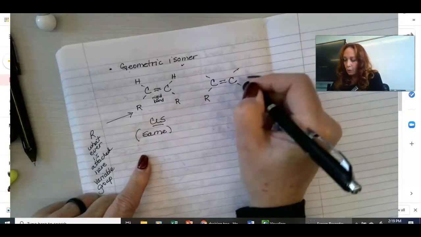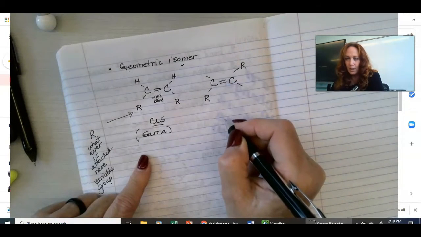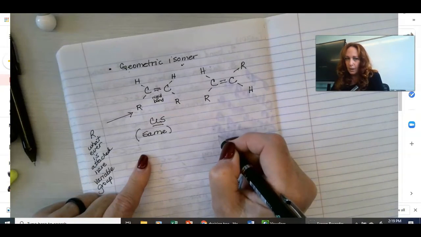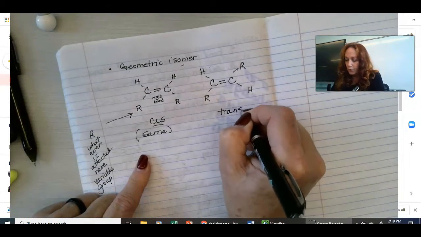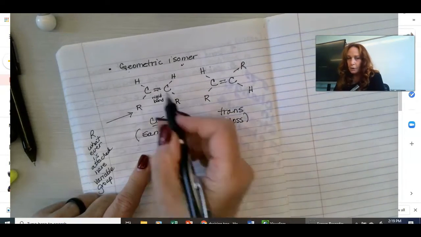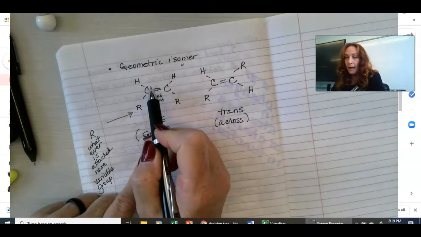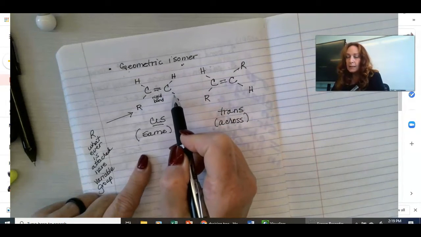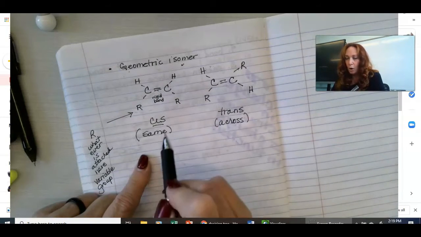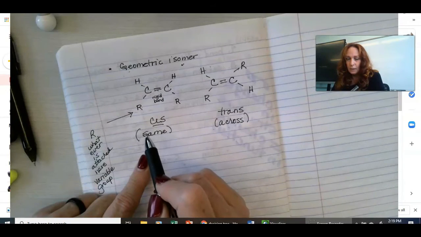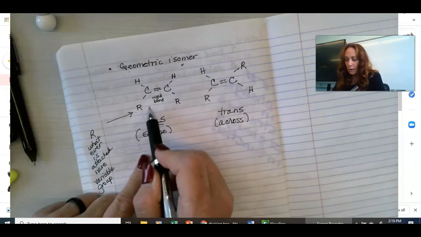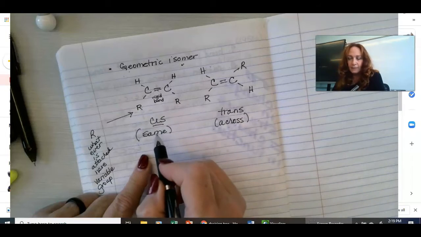So the R group is across the double bond from the other one, and the hydrogen is across the double bond from the other hydrogen. This is called trans, which means across. So geometric isomers are about placement in space of the groups that are attached to carbons that are double bonded to each other. And this trans isomer of the molecule does not behave the same as the cis.